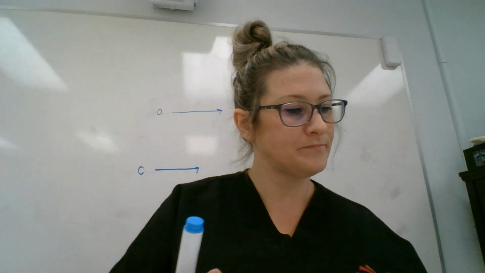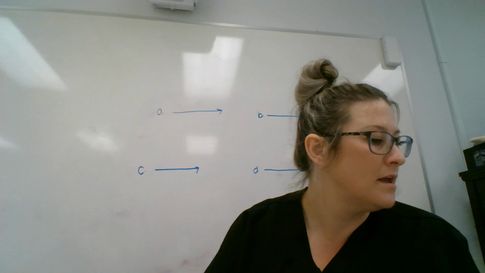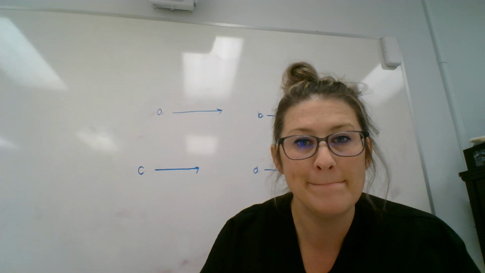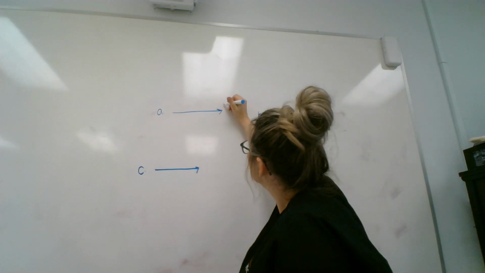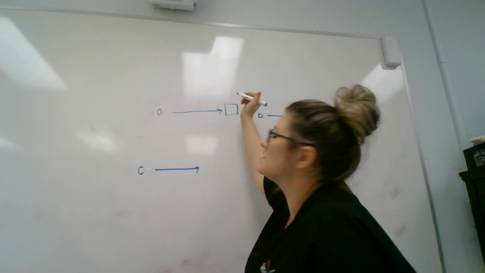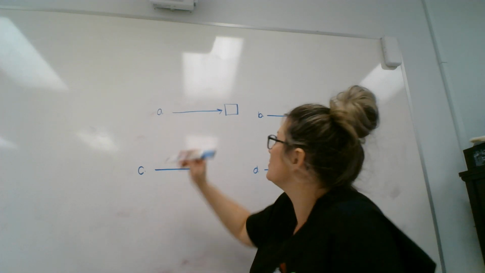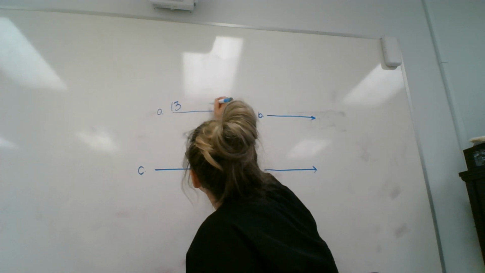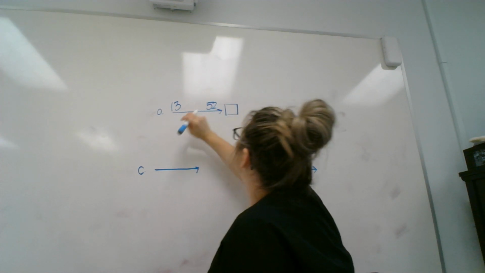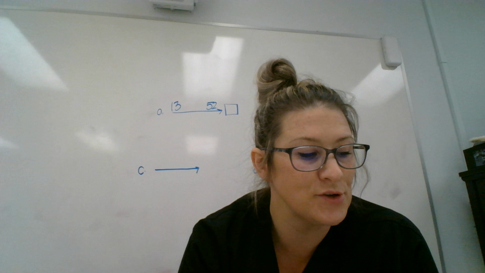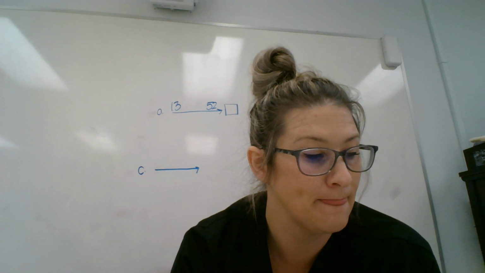Problem A. The big number is a box. Where do I put the big number? At the end of a line. So I already know that my big number is a box. The small numbers are 13 and 52. If I know my small numbers but not my big number, am I going to add or subtract to get my answer?